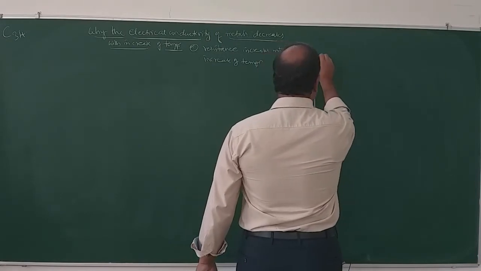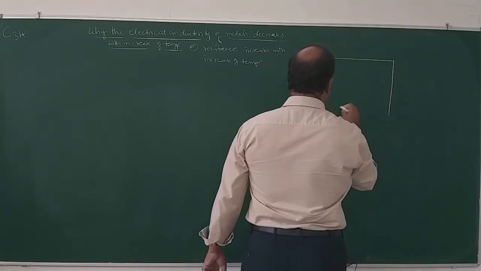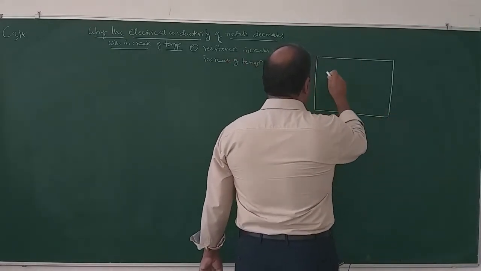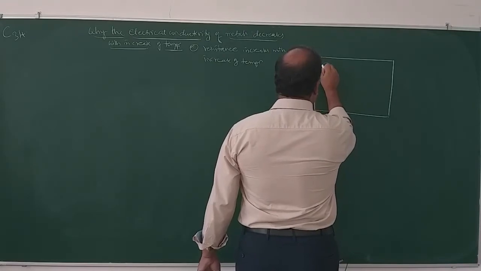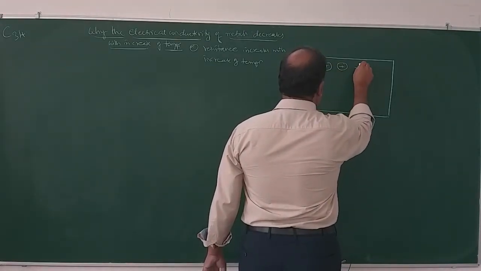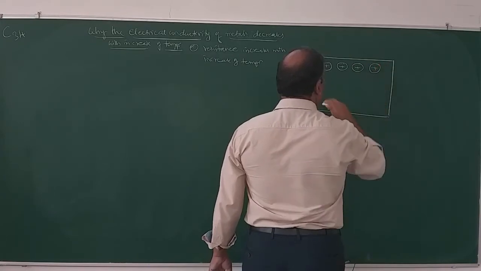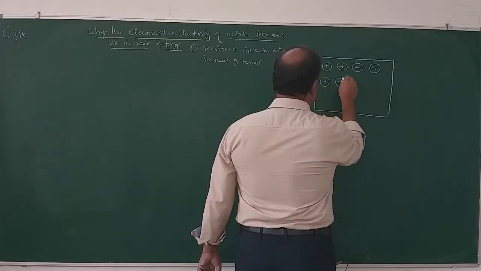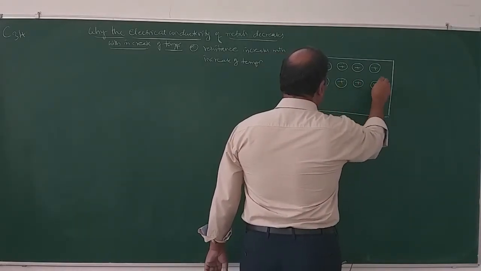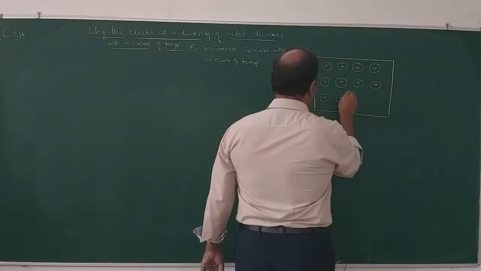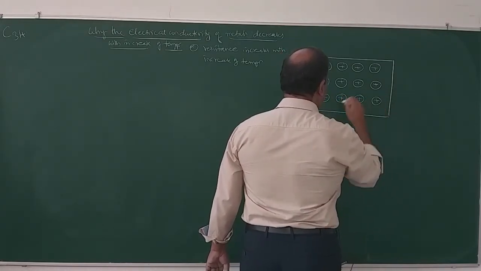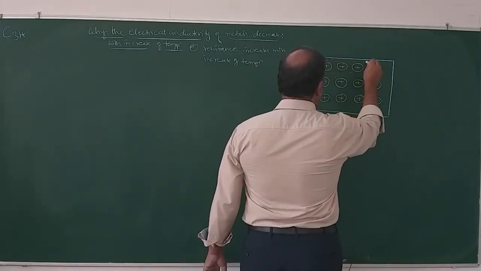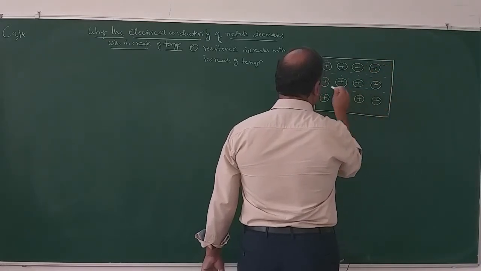So according to the electron sea model of metals, in metals there are metal ions. Metal atoms, after losing the valence electrons, are converted into positively charged ions which are called kernels. So these are metal ions, and mobile electrons are moving.